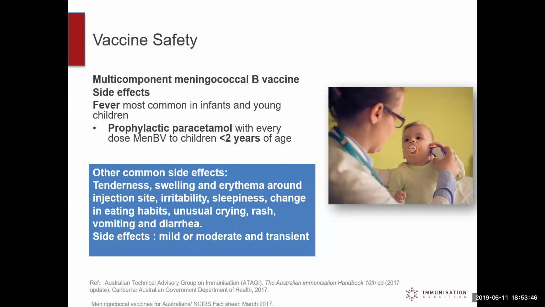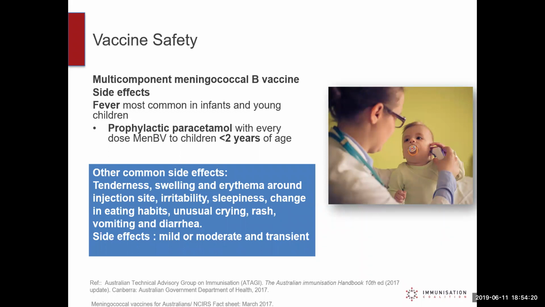Particularly, we need to be careful around fever for very, very young children, which is why ATAGI has recommended prophylactic use of paracetamol with every dose of the meningococcal B vaccine administered to children less than 2 years of age. This is really because of the high incidence of fever in infants who have received meningococcal B vaccine, particularly concurrently with the other NIP vaccines.